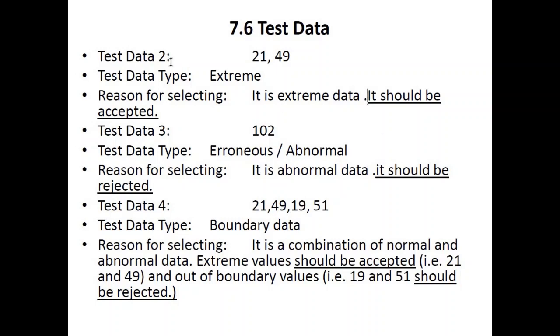Okay, don't forget, boundary data always consists of two values. Each set of boundary data always consists of two values. One is within the range, the other is out of range. The one within range is one of the extreme values, either the smallest value or the largest value.